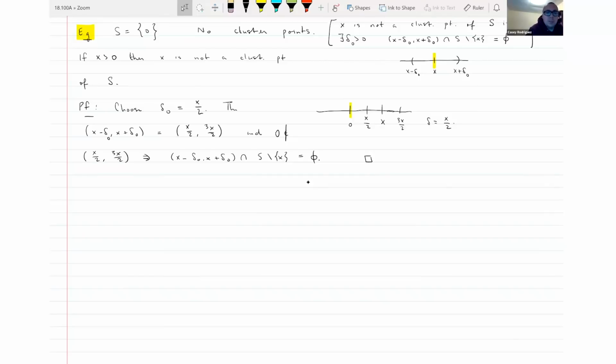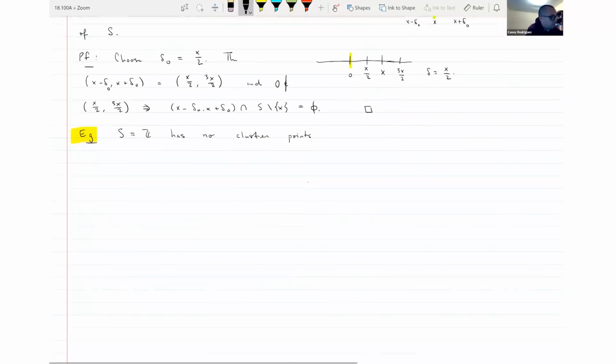See the example in the notes, which you can think about, and I'm not going to go over right here: for example, S equals Z, the set of integers, has no cluster points. So being a cluster point means where the set is clustering. It has nothing necessarily to do with the size of the set, but kind of where the set is taking up space in the real number line.